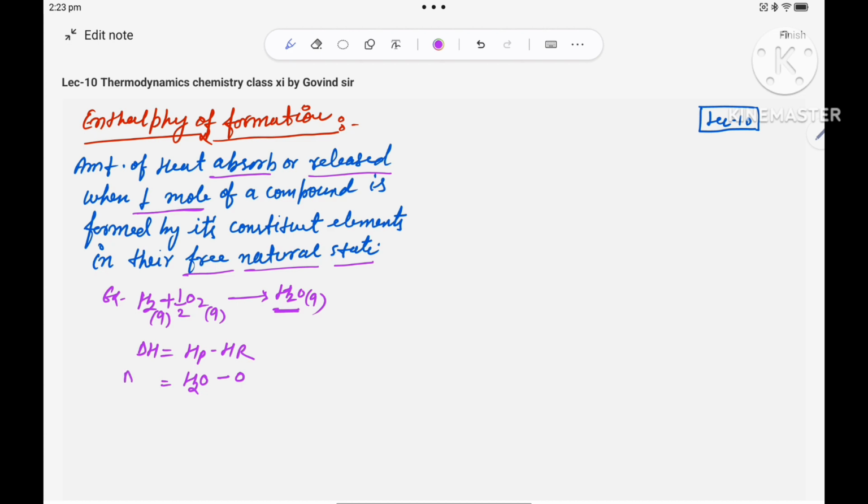So here delta H of reaction is equal to enthalpy of water minus 0. In this process, the enthalpy of reaction is equal to the enthalpy of formation of water.